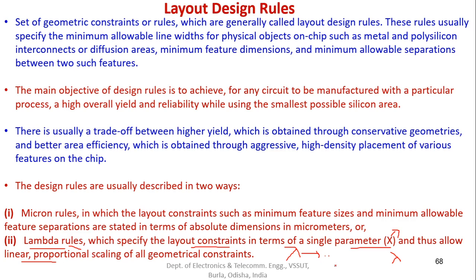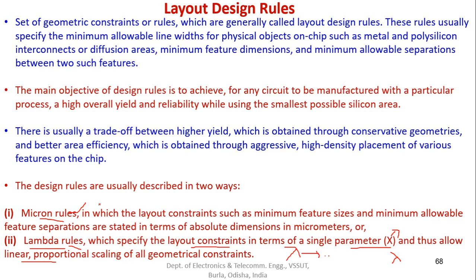And micron rules are generally used in the industry, where all the dimensions are in actual numbers. So you may have all kinds of numbers. Suppose some distance is 1 nanometer, some distance is 1.2 nanometer, some distance may be 6.15 nanometer, some distance may be, let's say, 4.8 nanometer.